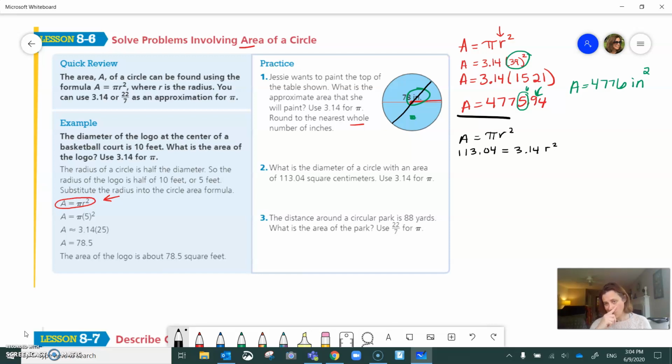Okay. So I really want the r to be by itself. So I'm going to divide both sides by 3.14. 113.04 divided by 3.14 is 36.